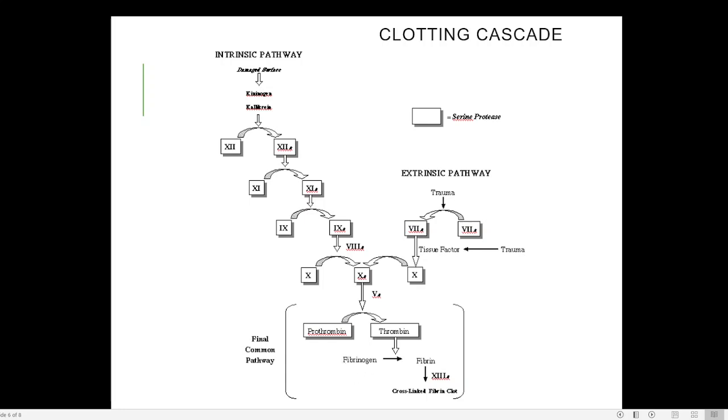It is a protein, but it is in a soluble form. Because of the action of an enzyme known as thrombin, this soluble fibrinogen is converted into an insoluble or solid form, and that is what you are finding here. These are the insoluble form of the fibrin.